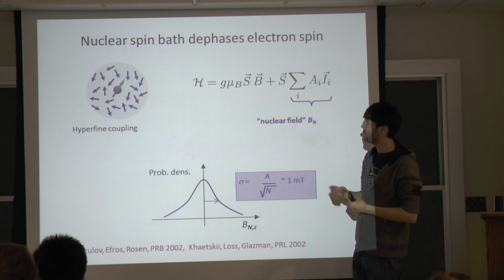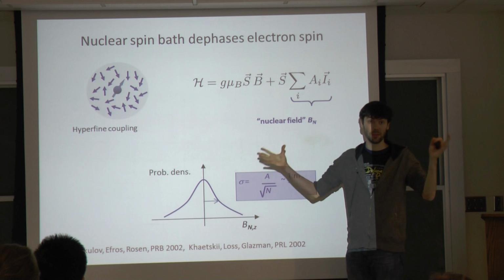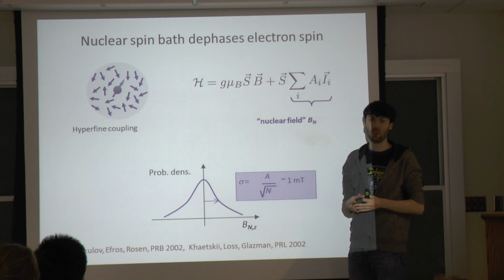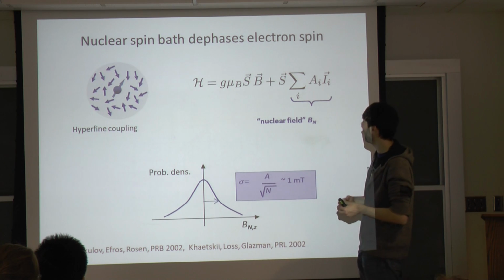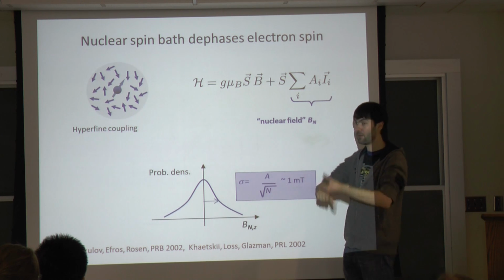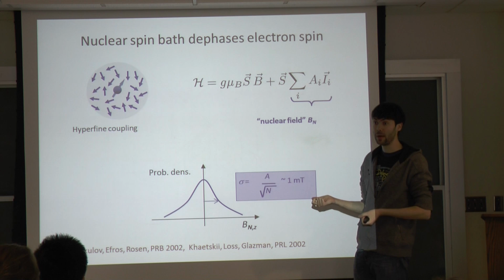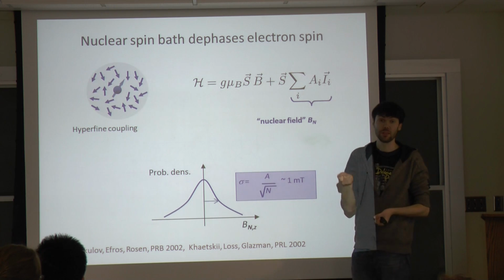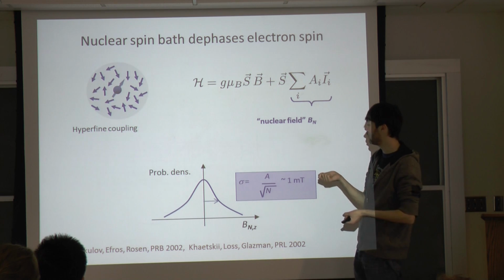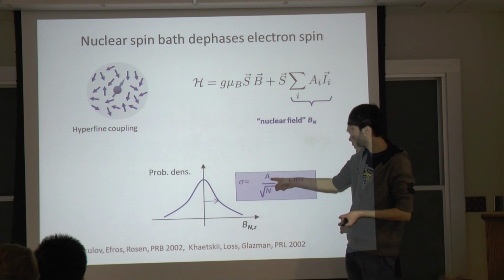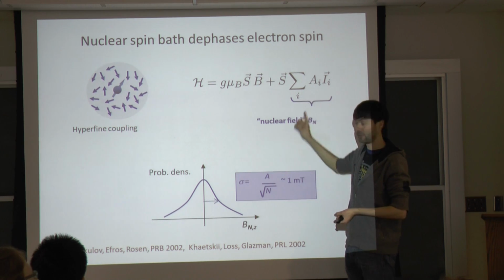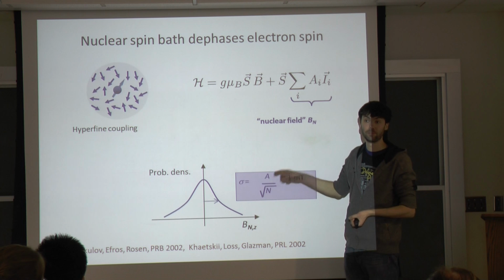And so if we just ask ourselves what is the total field experienced by the electron from all these nuclei, we have to add them all up, and they will all be random. So on average, it will actually be 0. But at any given instant of time, it will be some small field of the order of this coupling constant divided by the number of nuclei.